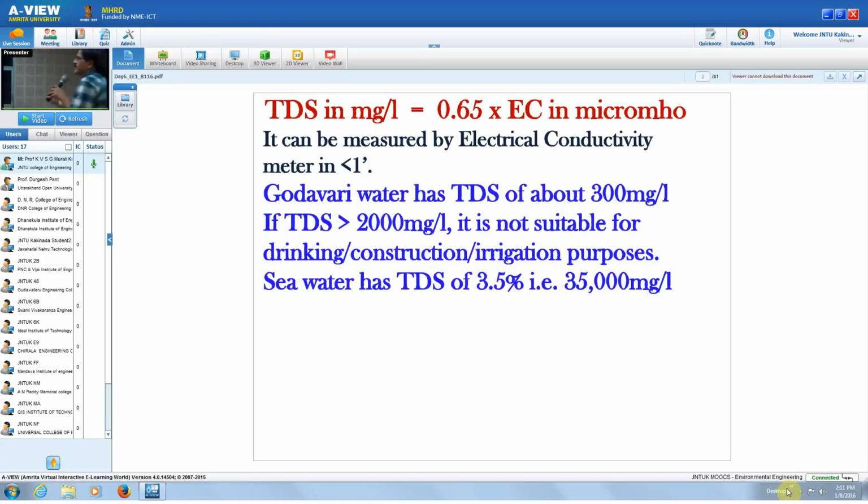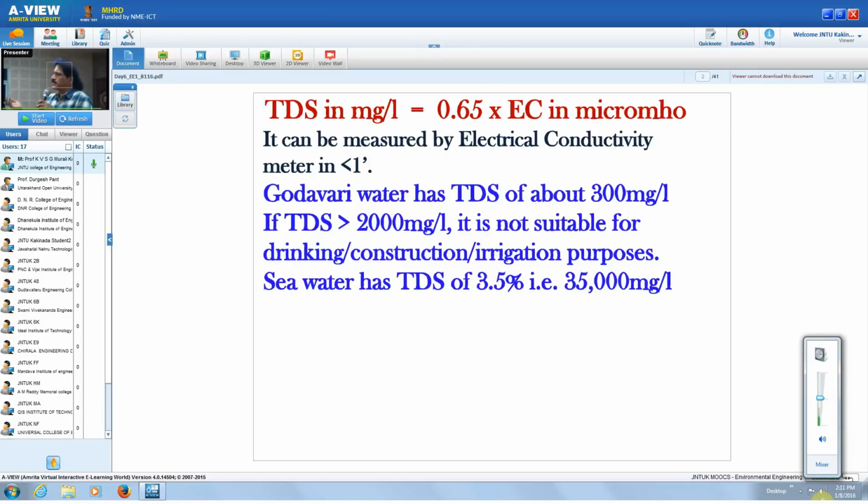So how to find it? Whenever some industry brings you a sample and asks whether it is suitable for disposal or not, what will you do? Dip the electrode of the conductivity meter into that. Immediately you will find the conductivity as somewhere around 3000 or 4000 micro-mho. Multiply with 0.65, and immediately you will get so many mg per liter.